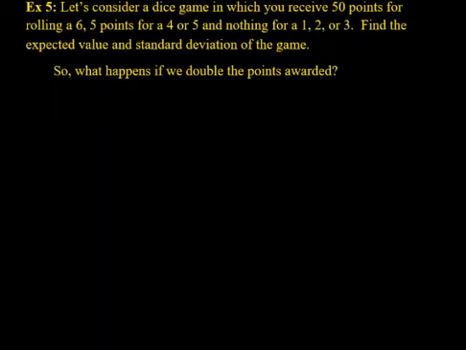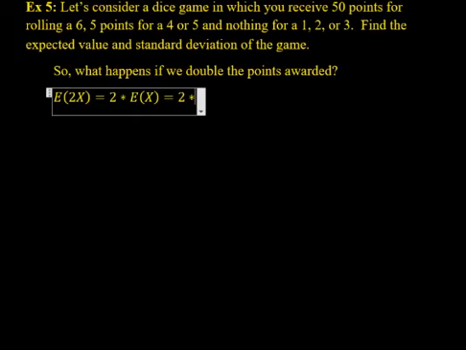So what happens if we double the points awarded? Now you're getting 50, 10, still 0. Well, now we're just doubling that expected value. So E of 2 times the random variable equals 2 times the expected value of x, which equals 20 points.